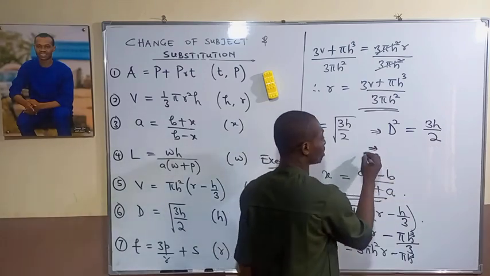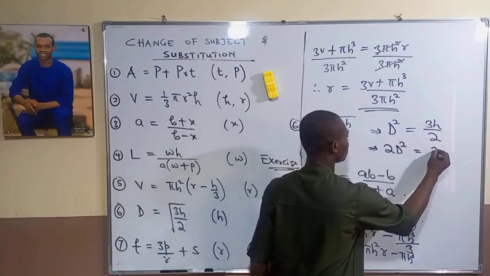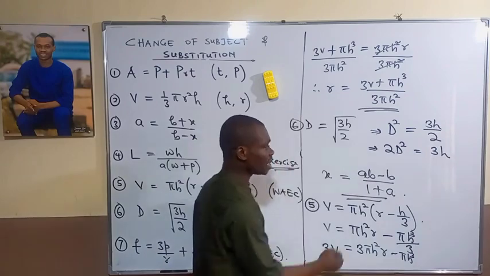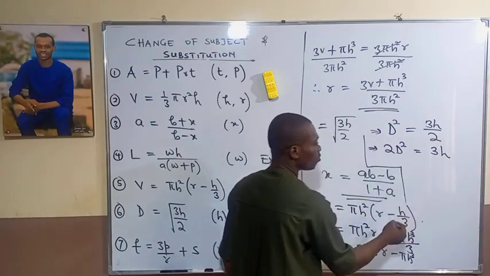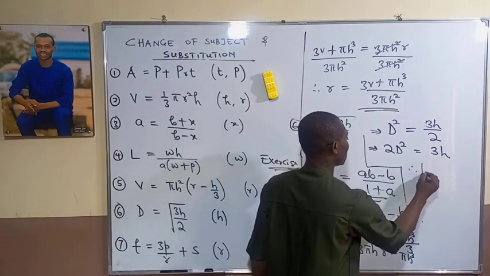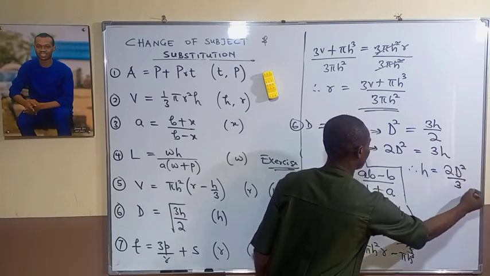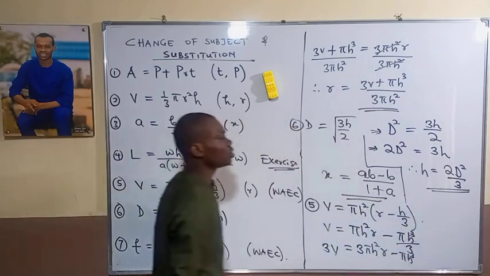And if we do that, we are going to get 2 times this is 2d squared equal to 3h. And so to make h our subject now, we divide both sides by 3. And by the time I do that, my h alone will be 2d squared all over 3 as the solution.